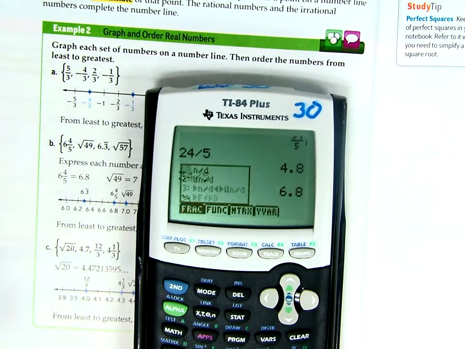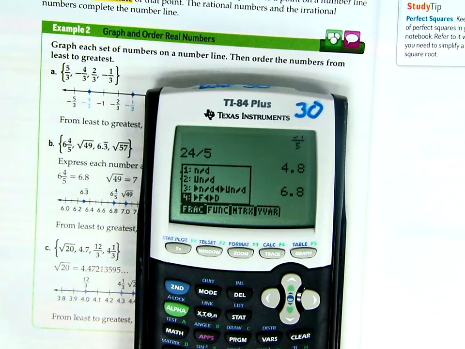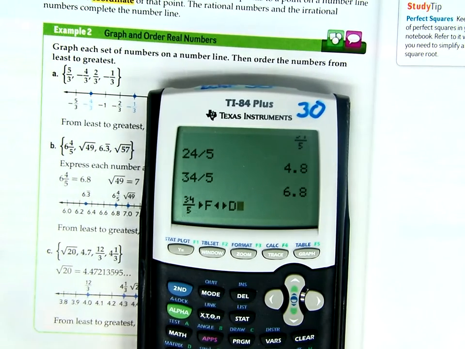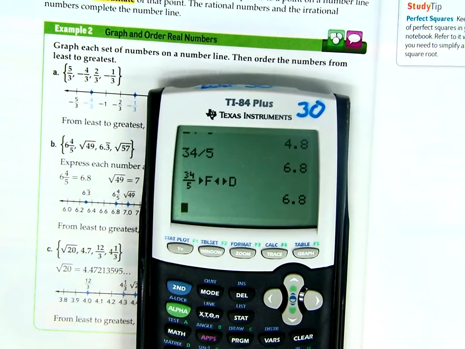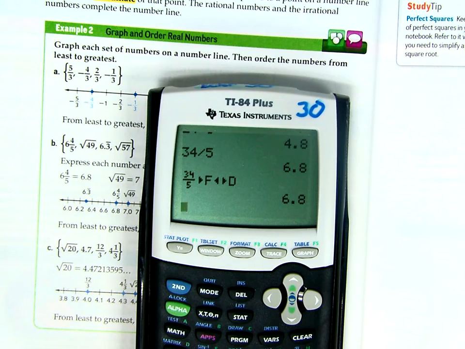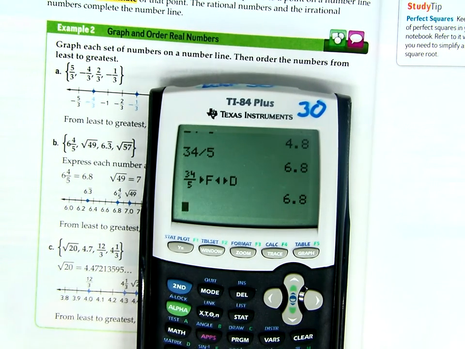I'm going to go back, and I'm going to change that to decimal by choosing number 4. Really, that one is just easier to type in 34 divided by 5, enter.